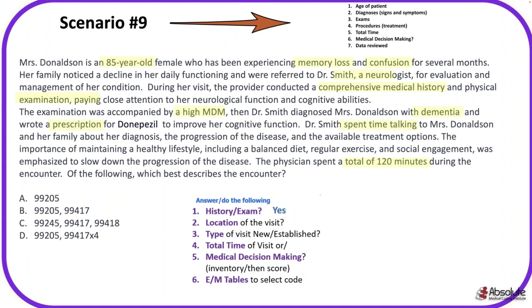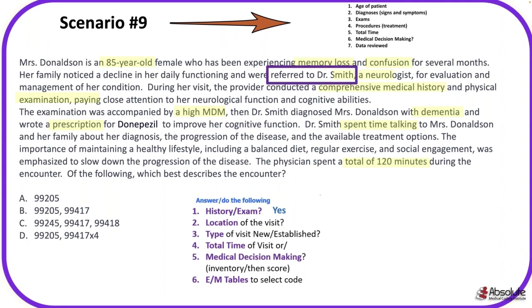What about the location of the visit? Where is the visit? And I'm not talking about where they are. Where in the book? All right. So is this a consultation? I don't think so, because her family requested this, right?